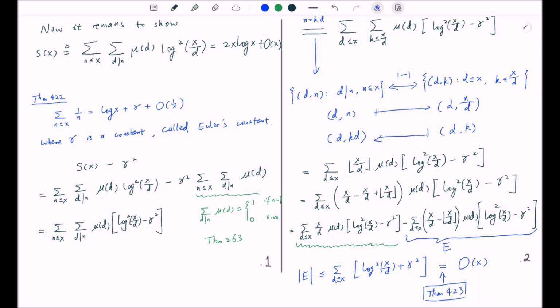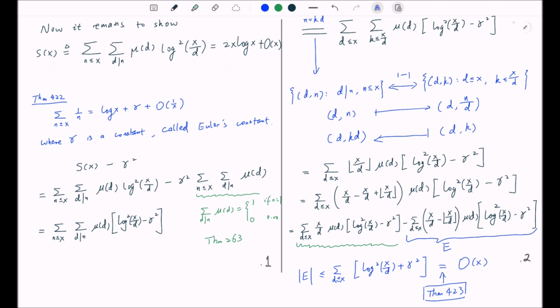You will see it becomes 2 times x times log of x plus big O of x. And together with this, we obtain that S of x minus gamma squared is equal to 2x log of x plus big O of x. But gamma squared here is a constant, which means we have verified this.